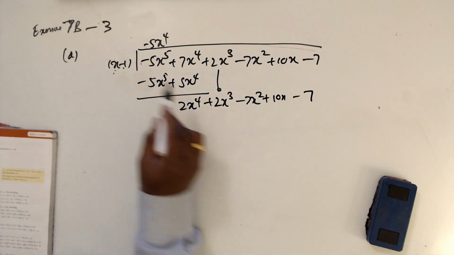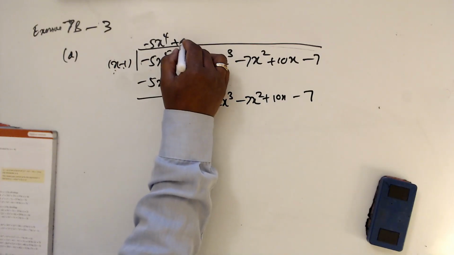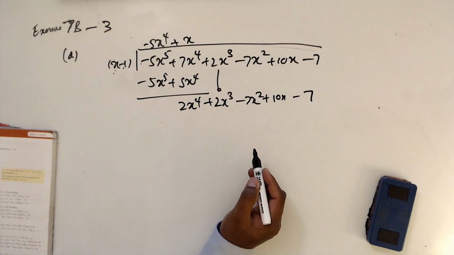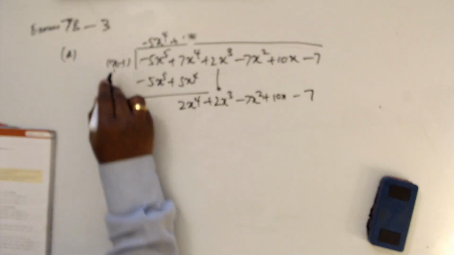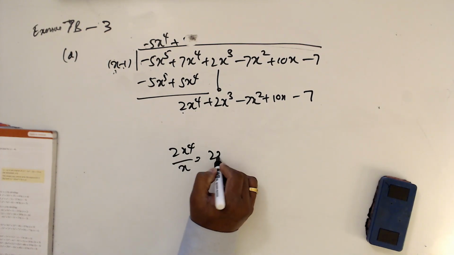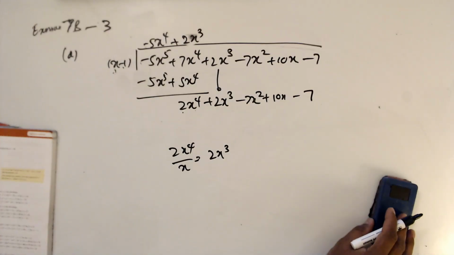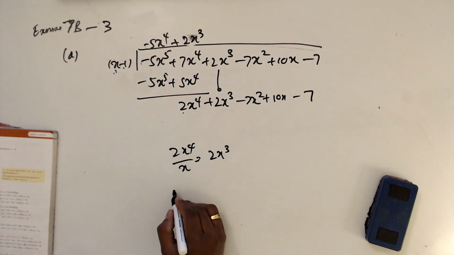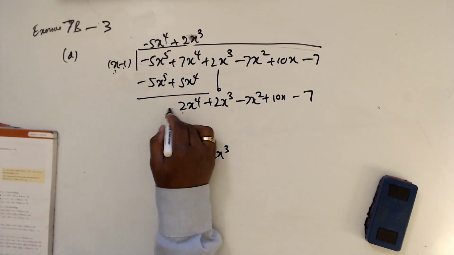How many x go into 2x to the power 4? 2x cubed. This is wrong. How many plus x go into plus 2x to the power 4?